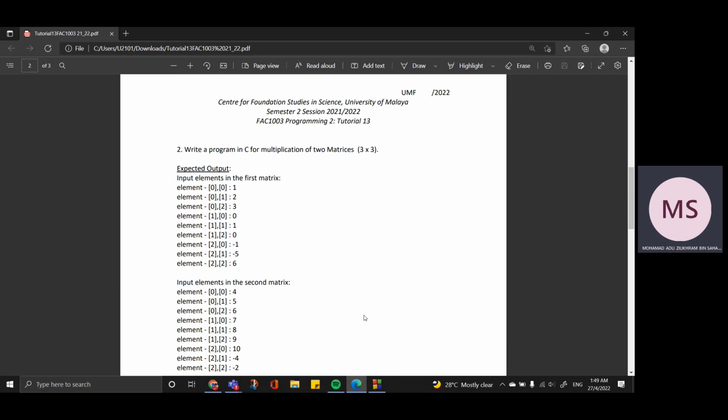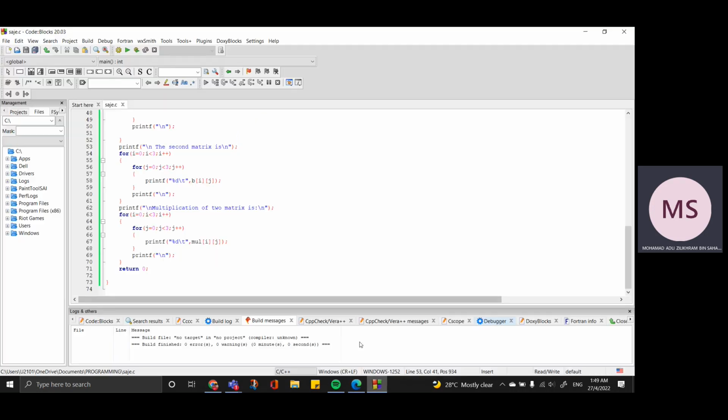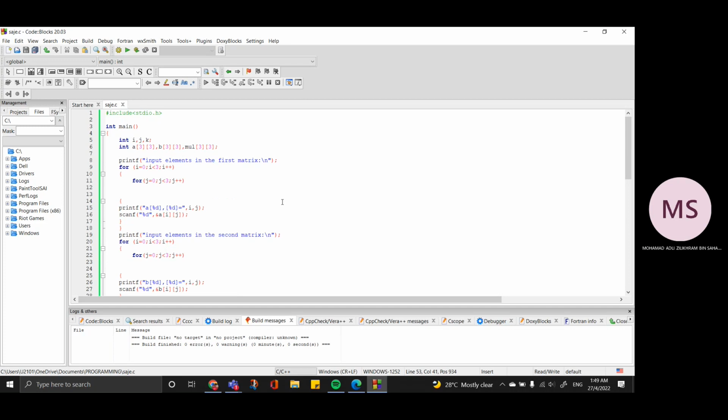The code that I managed to do is just like this. First, I declare the integers I use in this coding: integer i, j, and k, where i and j represent the row and the column, while k is used for the product of the multiplication of the first matrix and the second matrix.